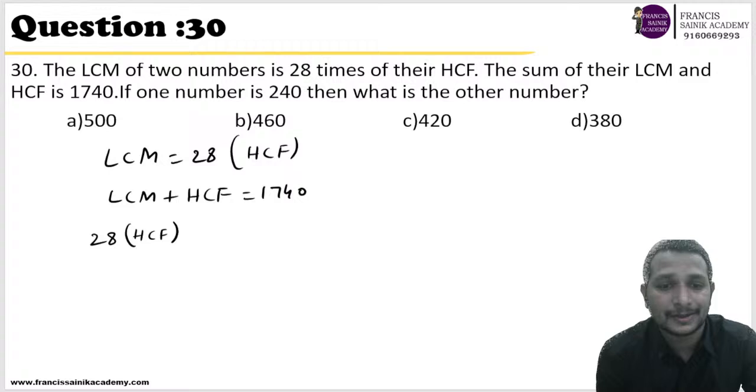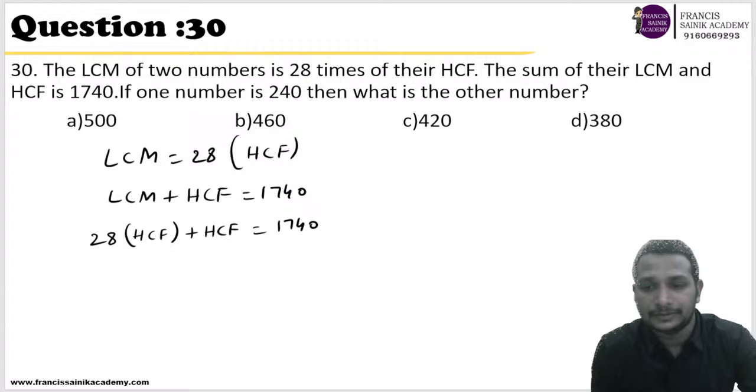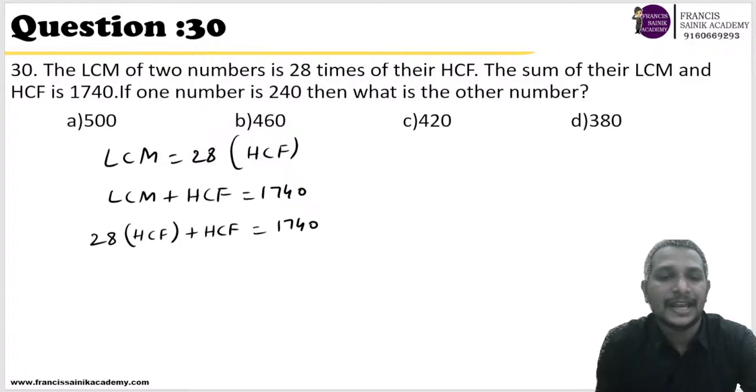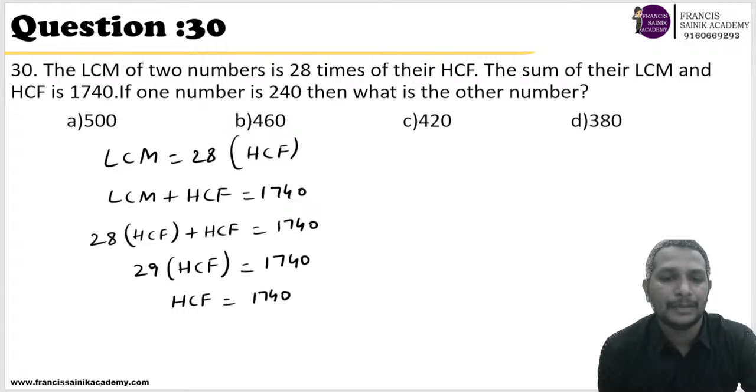From this, 28 plus 1 becomes 29, right? Both are like terms. 29 times HCF equals 1740. From this we got HCF as 1740 by 29. So divisible how many times? 29 times 60. So we got the HCF as 60.